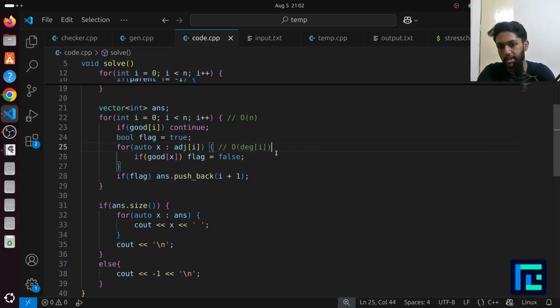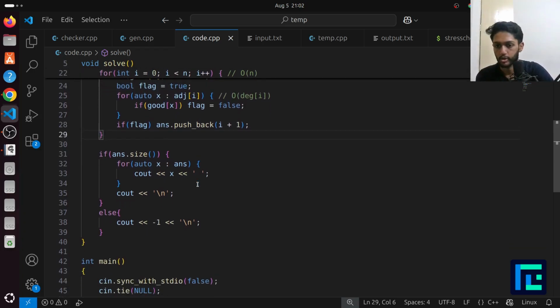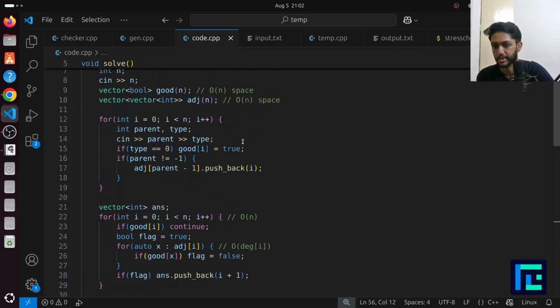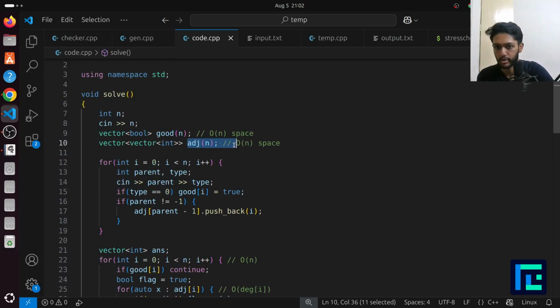So in total it will take the sum of degrees number of times, and the sum of degrees is the number of edges. So in total this for loop will be O of n, because the number of edges is just n minus 1, right? So the time complexity is O of n, and space is O of n because we need to store this adjacency list, right?